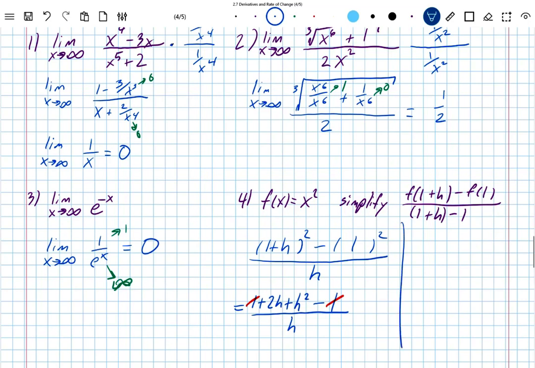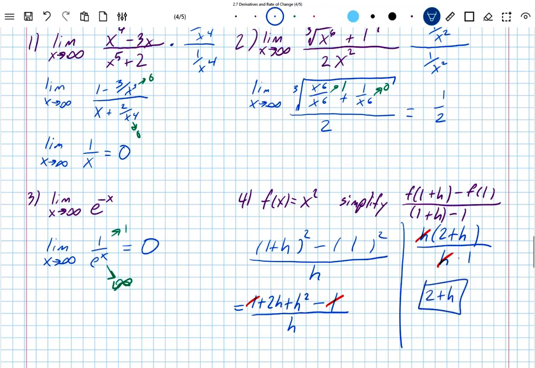Now we're at a place where I could factor out an h from up top. This is really the preferred way of canceling out things from numerators and denominators, is to make sure that you can actually factor them out so that you can cancel them. What's left here is a times 1. And 2 plus h over 1 is just 2 plus h.